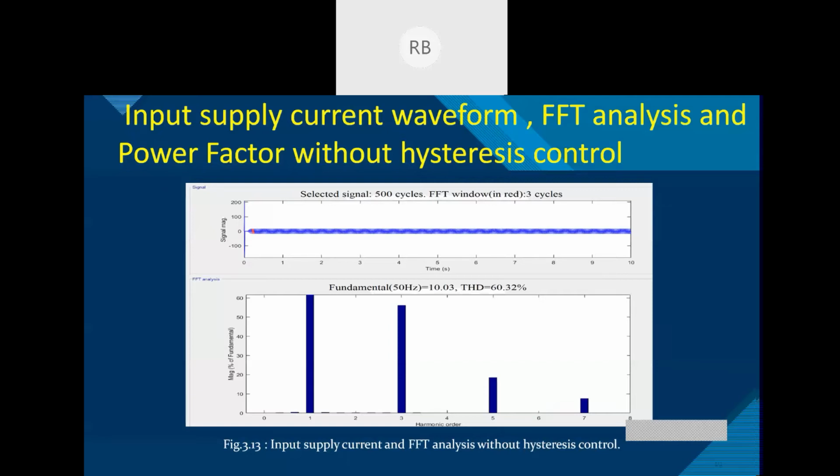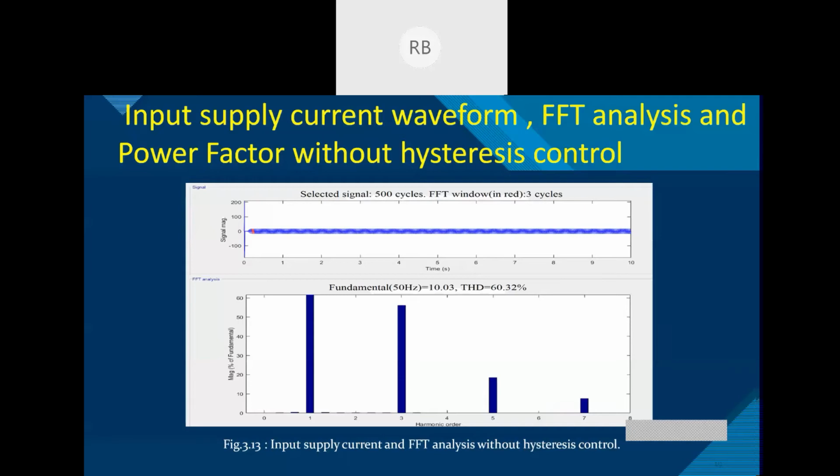According to the Indian standard, for 60 kV and below, it should have a total harmonic distortion of around 5%, and it can be seen that it is 16.32% at around 240 volts.